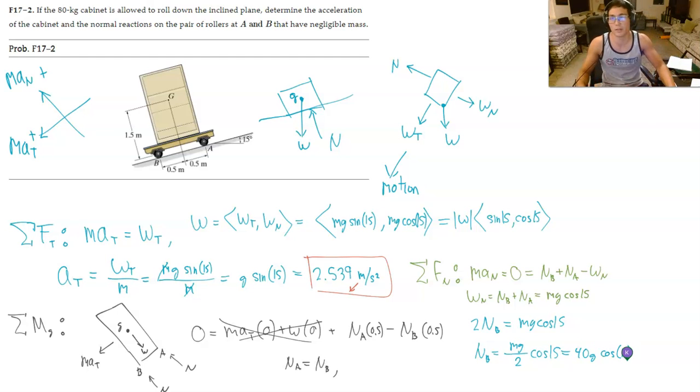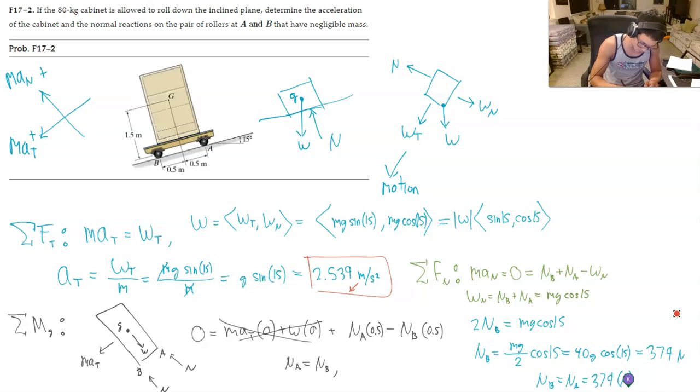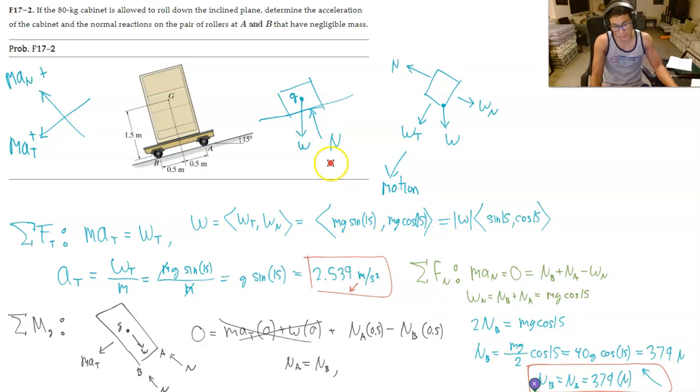I'll put this in the calculator. We get about 379 newtons. Then we know that NB is equal to NA, and both of them are equal to 379 newtons. And then we should label the direction that they're pointing, because they're vectors, and they're pushing up. So there you go, that's your second answer. The problem only asks us for 2 things, and that's it. There we go, we're done.